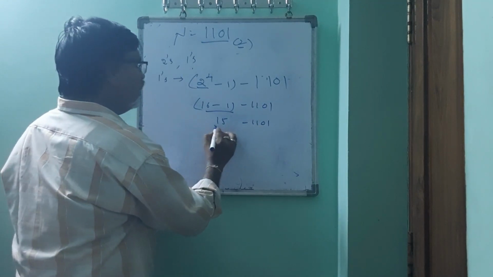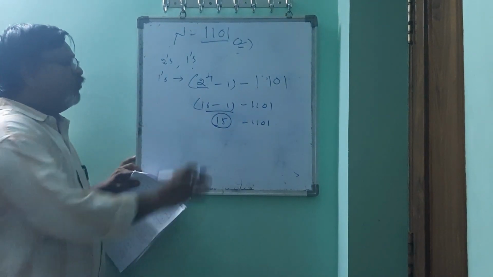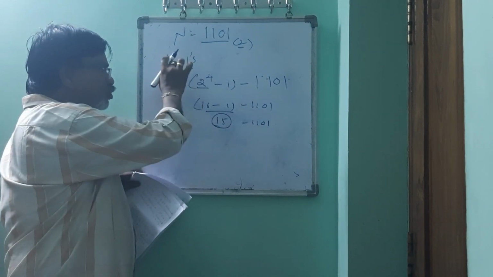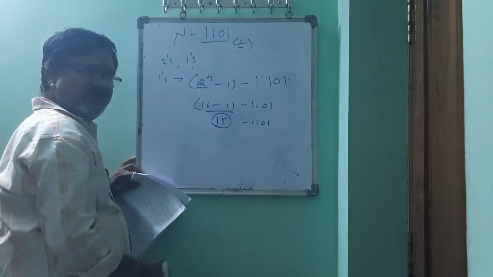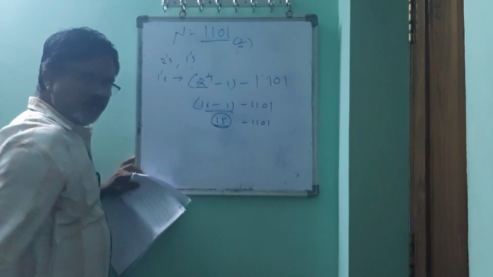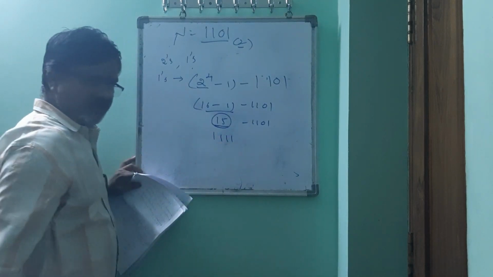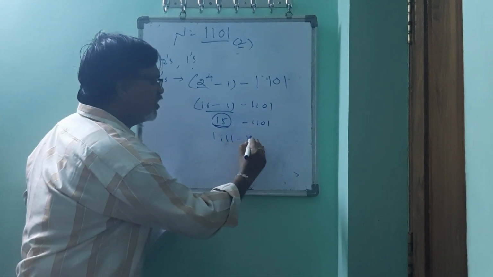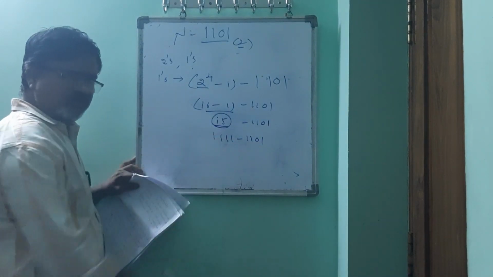Here remember, this 15 is a decimal number. When we are going to perform 2's complement or 1's complement, the subtraction or whatever the operation should be in the binary form. So the equivalent binary value for 15, as you know very well, is 1111, 4 ones, minus 1101.